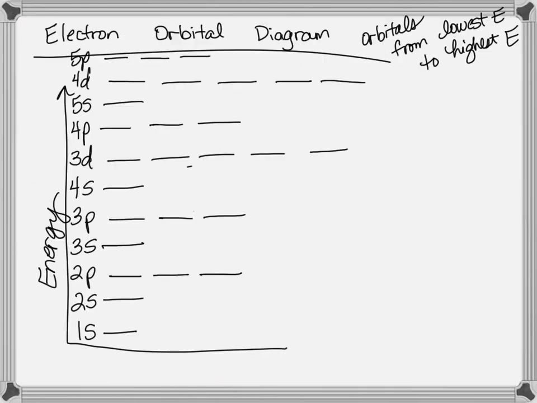All right, now, in this orbital diagram, we are going to fill it with electrons. How we draw electrons in an orbital diagram, we draw them like this, half arrows. They either point up or they point down.